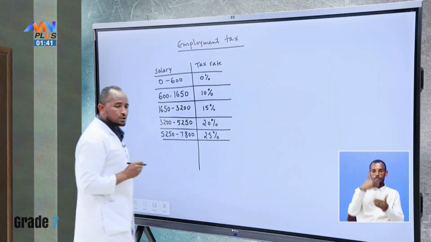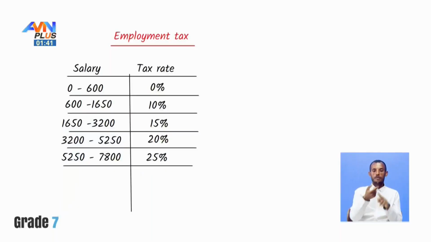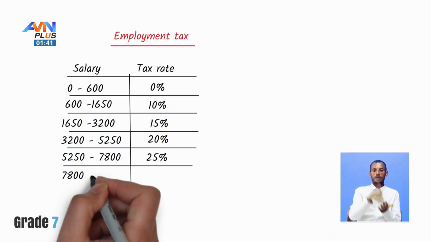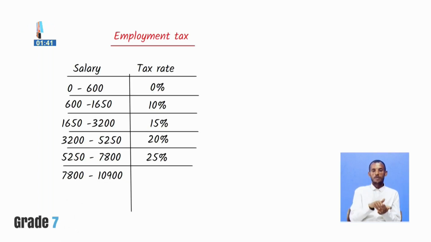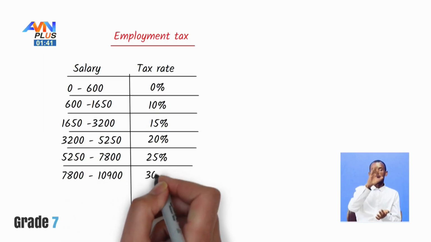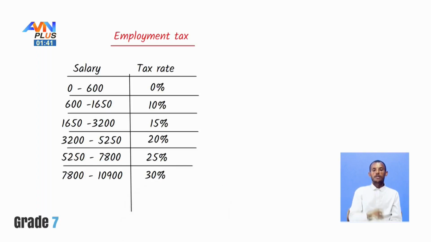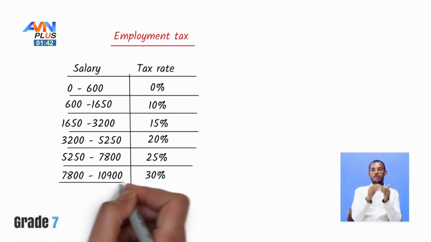The next range from 7,800 to 10,900, the tax rate for this interval is 30%.